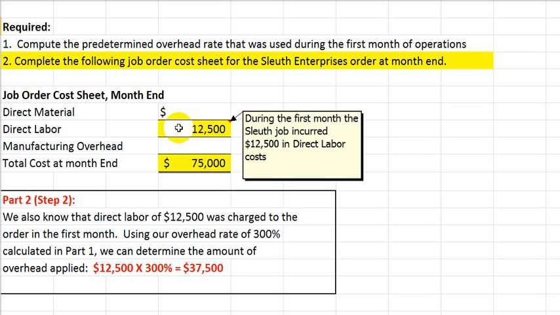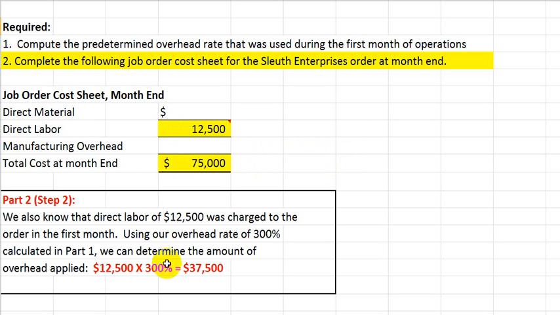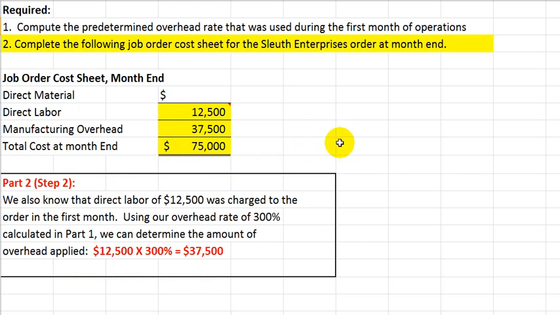The other piece that we know is that, based on that $12,500 and using the 300% rate that we calculated in part one, we can multiply that overhead rate times the $12,500 of direct labor, and we will come up with $37,500 of manufacturing overhead that needs to be put into our equation here.